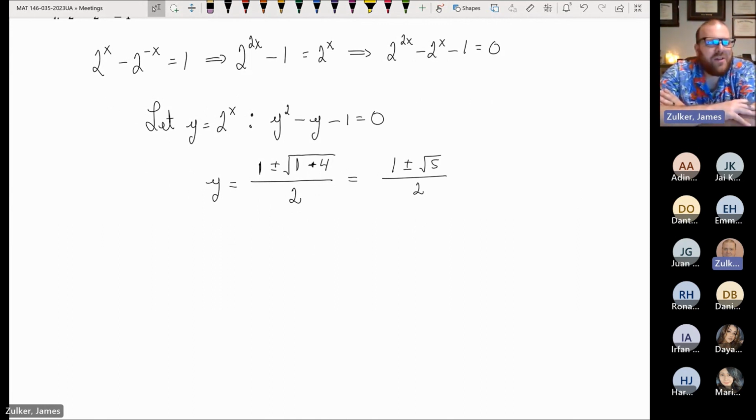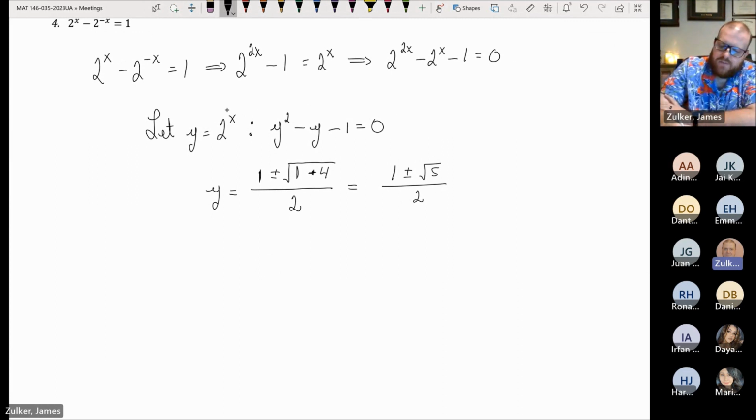We get y is 1 plus or minus root 5 over 2. But y, we said, was 2 to the x.